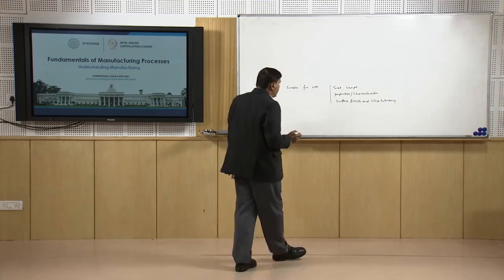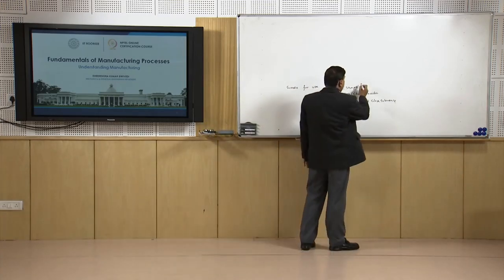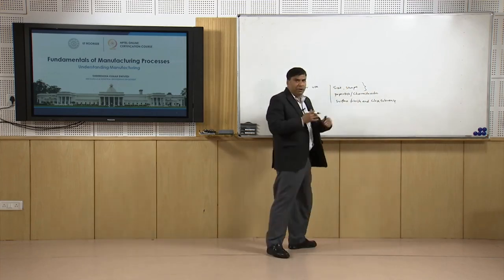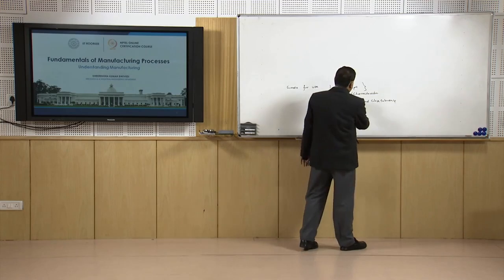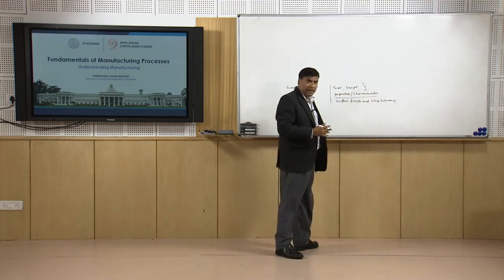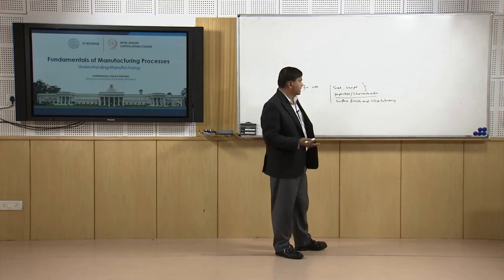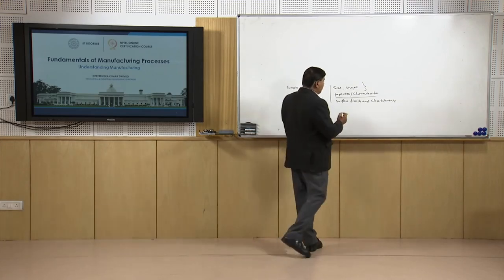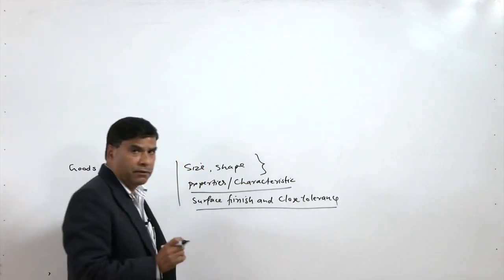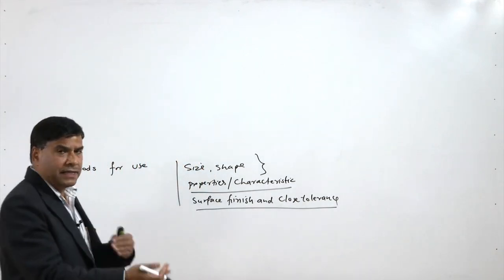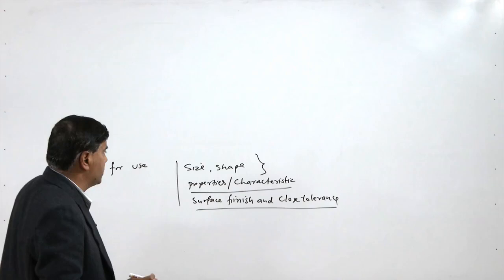So, for sizing and shaping, one set of processes is used, while for imparting the desired properties another set of manufacturing processes is used, and similarly for surface finishing and achieving the desired close tolerance, another set of manufacturing processes is used.